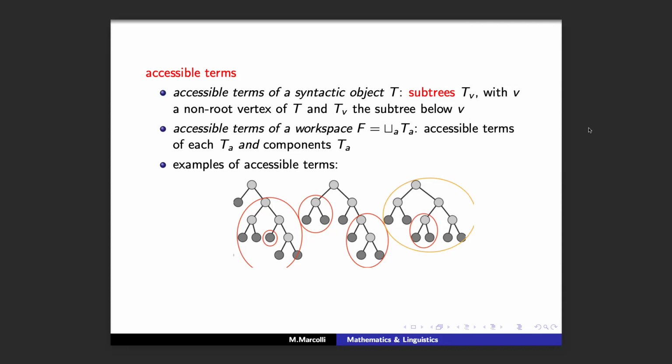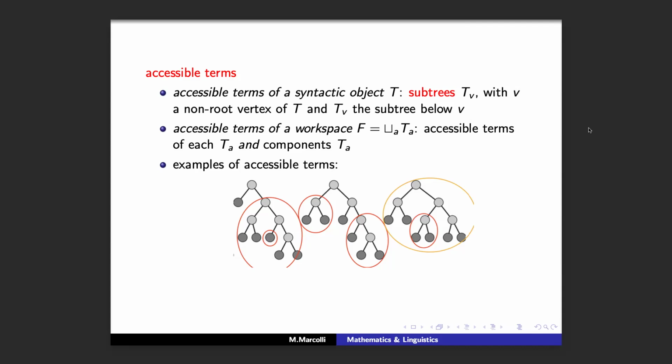If it's a leaf, it's just that by itself. If not, you just pick everything that's hanging below that vertex. Okay, so that's an accessible term. If you want to think of it as a syntactic object itself, it is the tree that hangs below that vertex.